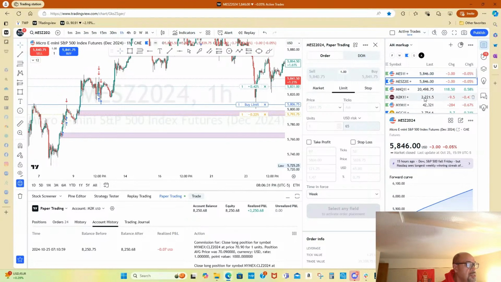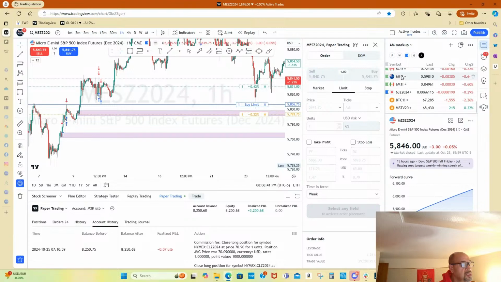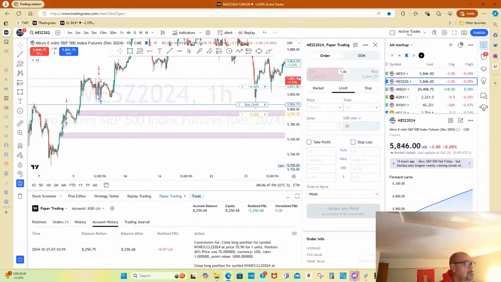I'll put it right underneath its counterpart. Yeah, there we go. And then I'll know the green ones are continuous, and blue ones are to be live contracts. Yeah, I like that.